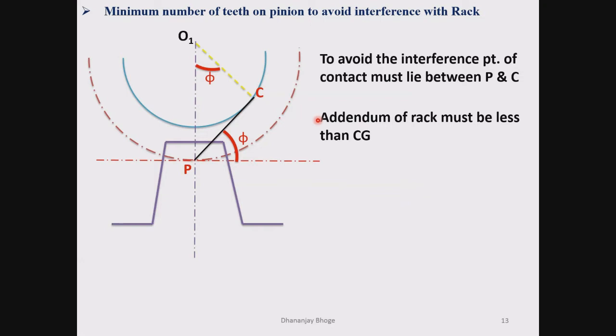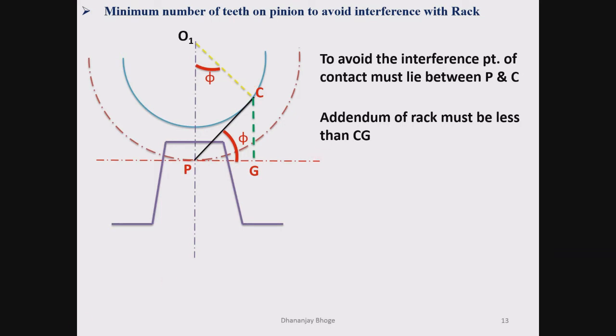Therefore, addendum of rack must be less than distance CG to avoid the interference, because you cannot increase the addendum of rack beyond point C. You can increase up to point C, but if you increase the addendum of rack beyond C, the point of contact will shift inside the base circle and interference will take place.